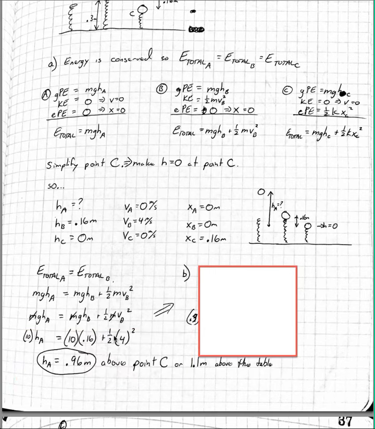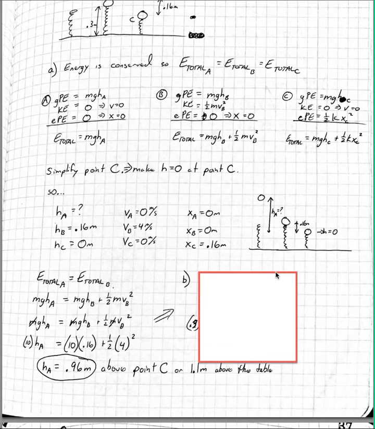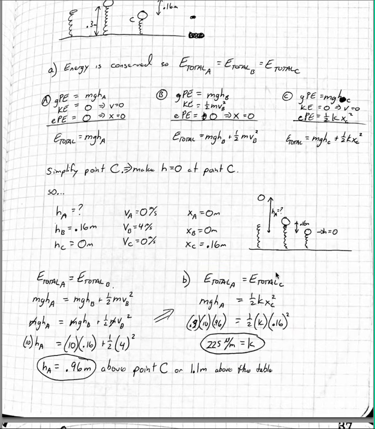Putting in the numbers that I know, I found out that it's 0.6 meters above my height zero, point C, and I'm not sure I got this calculation right, but about 1.1 meters above the table. That's what I got. And then for part B, what's the spring constant?